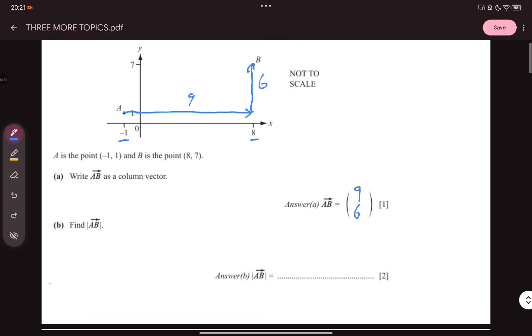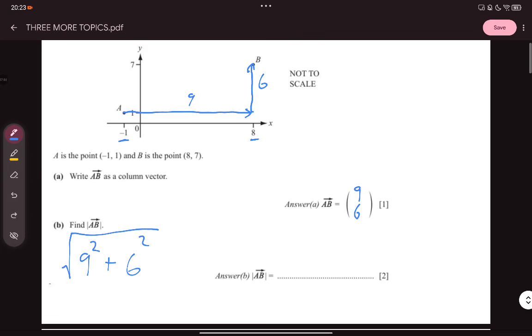But magnitude of AB, all I have to do is take each of the numbers in my vector, 9 and 6, square them, add them. Okay, 9 squared plus 6 squared. And, well, that's going to give me 9 squared is 81 plus 6 squared 36, which is going to give me 81 plus 36, of course.